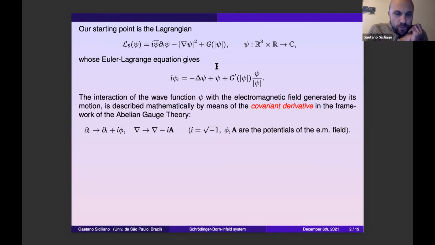Actually, we want to study a system instead of a single equation. In this system, we take into account the fact that our wave function, our particle, is interacting with an electromagnetic field, which is basically the electromagnetic field generated by the motion of this particle.